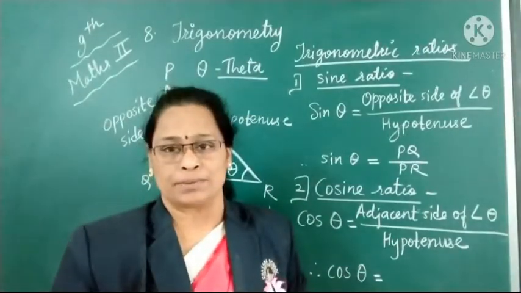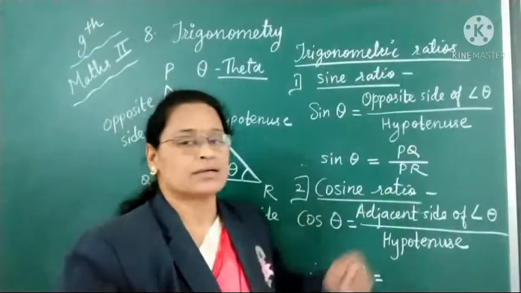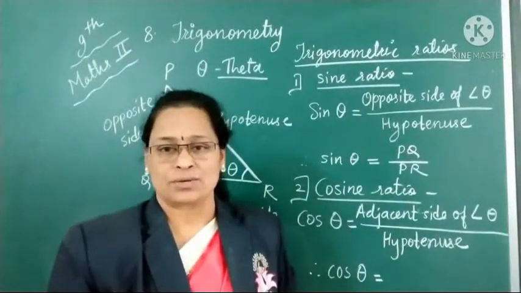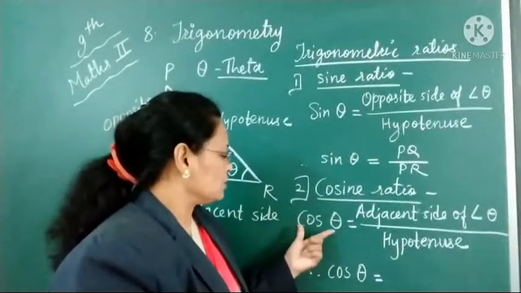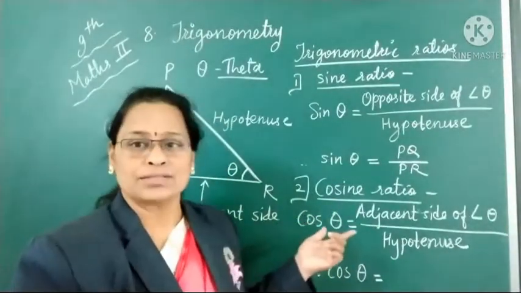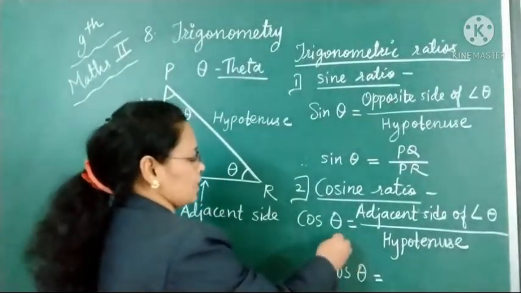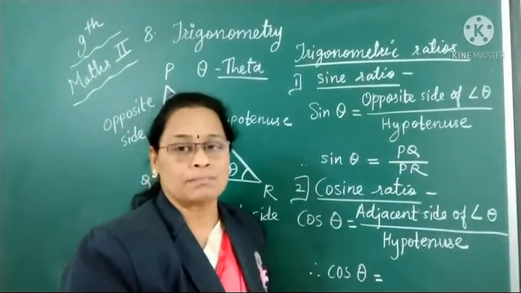Similarly, the next ratio is the cosine ratio. Cosine ratio is shortly written as cos theta. Theta, just give attention, is the acute angle. Cos theta is the ratio of the adjacent side of angle theta to the hypotenuse.